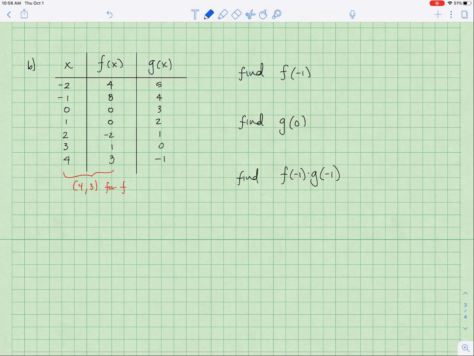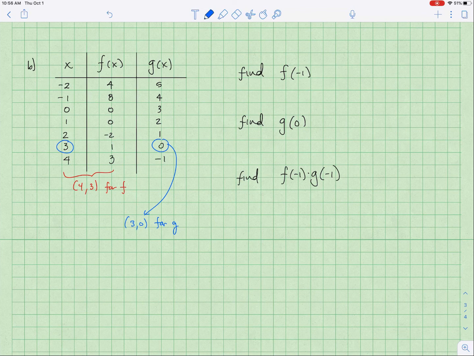And if this is 3 and this is 0, this is the ordered pair 3, 0 for g. And so we're really just reading these columns as input. The first column is the input for both functions, and the second and third columns are the outputs for f and g respectively when we have a certain input. So if you plug 0 into f, you get 0. But if you plug 0 into g, you get 3.